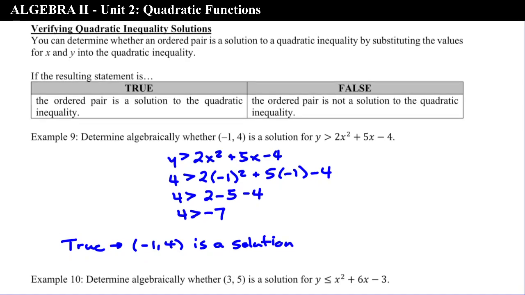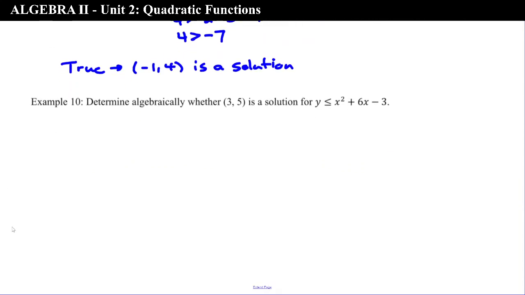So let's do a few more of these. Well, here we have this inequality. y is less than or equal to x squared plus 6x minus 3. y is 5. x is 3.